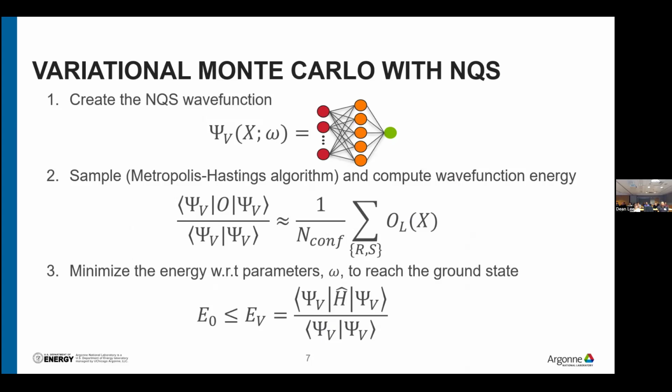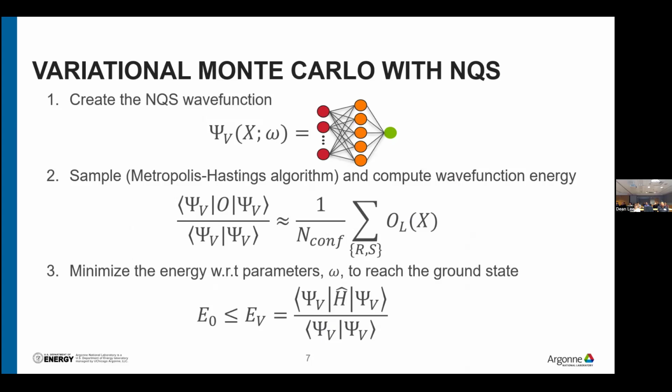In particular, though, the energy, where we can then use simple minimization techniques, or I won't mention them, but we use slightly more complex techniques for the neural quantum states to essentially minimize that energy that we get with respect to the parameters of our wave function.